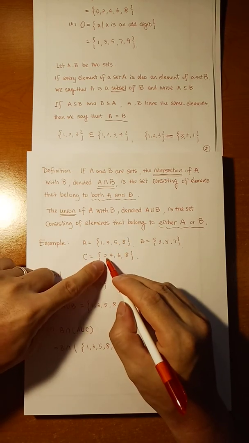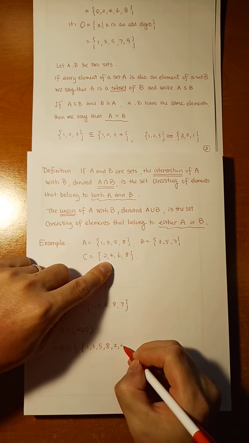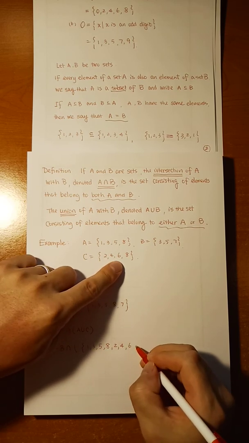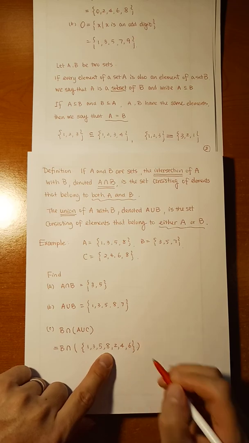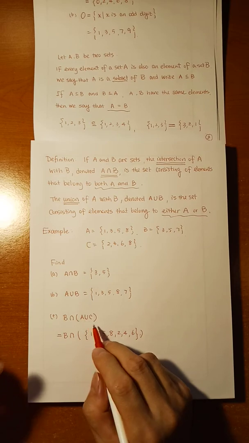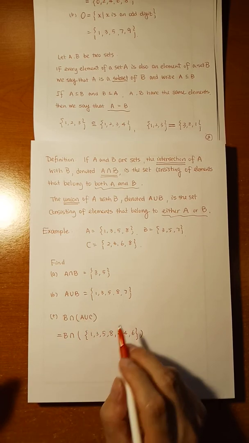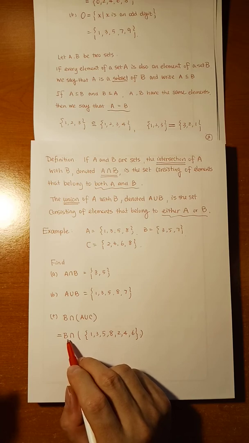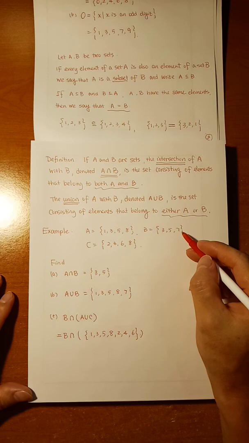And then let's check C. 2 does not appear, so you add 2. 4 does not appear, you add 4. 6 does not appear, you add 6. But 8 appears already, so you just ignore it. Okay, so this is the union of A with C. So this is a new set. You're going to compute the intersection of B with this new set. B is 3, 5, 7.